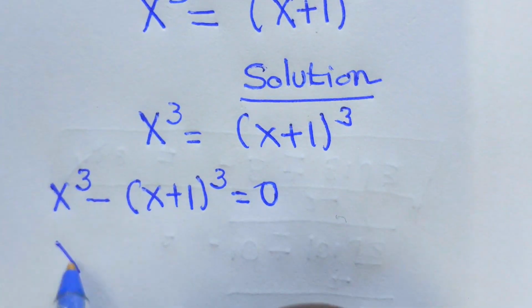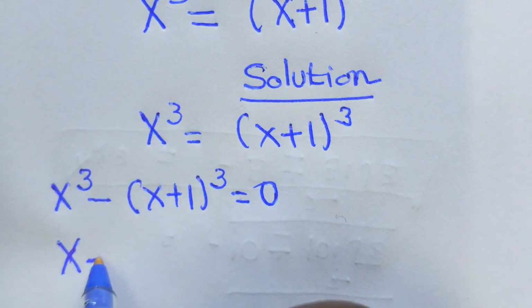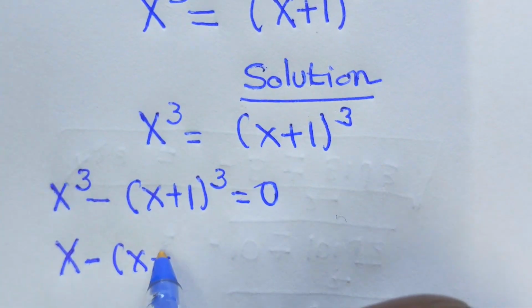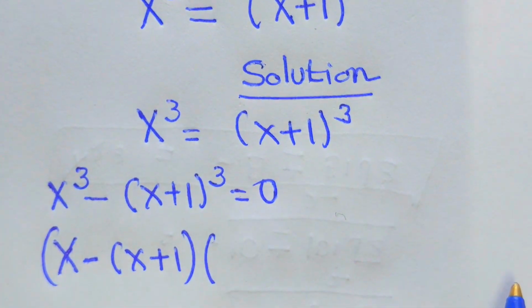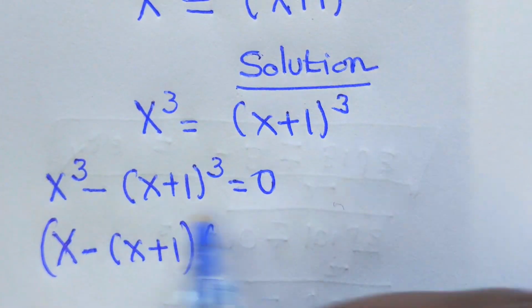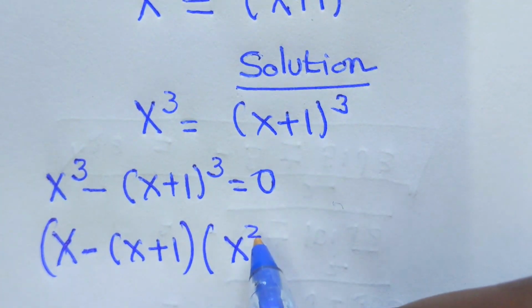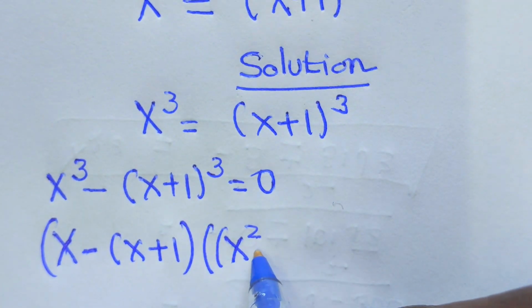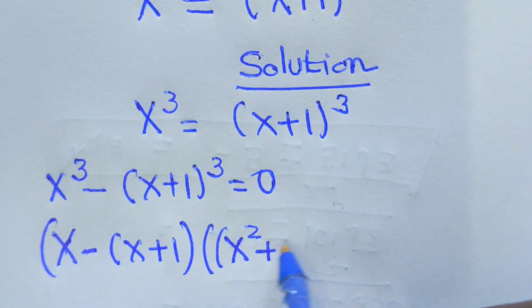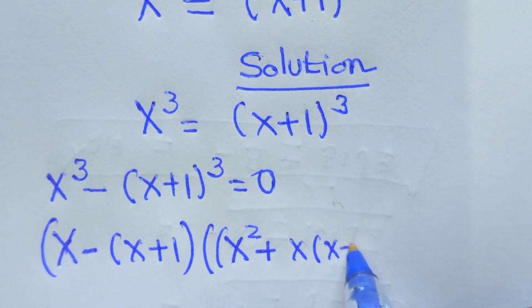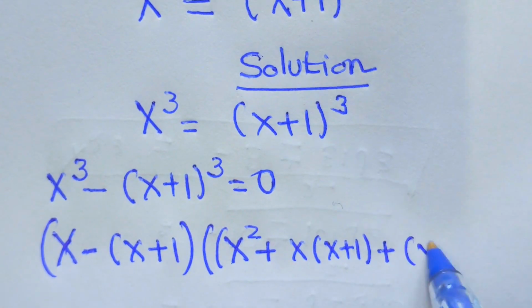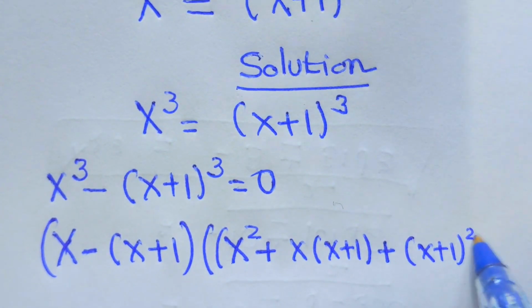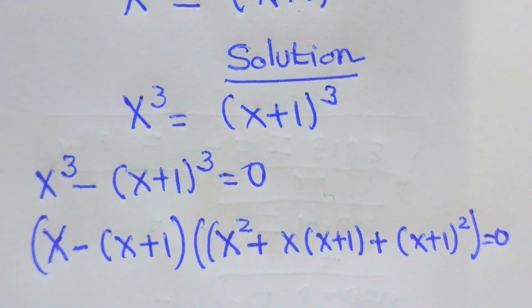We say (x - (x + 1)) times (x^2 + x(x + 1) + (x + 1)^2) equals 0.